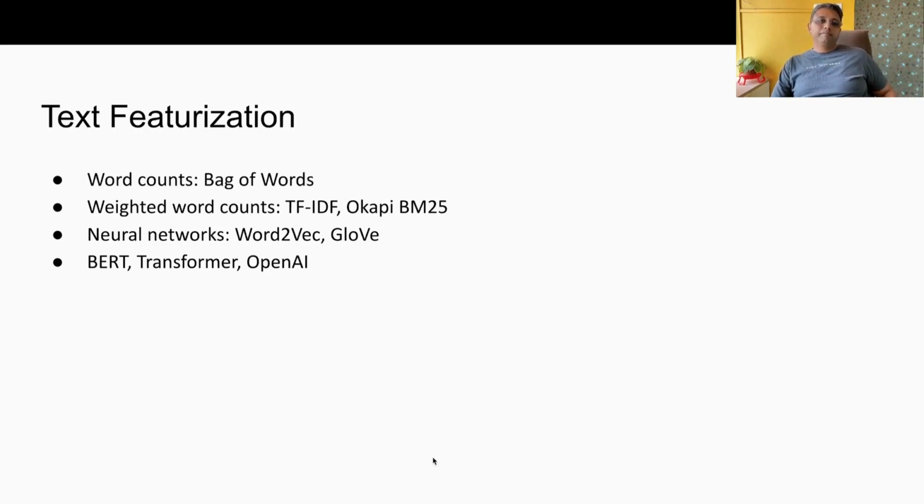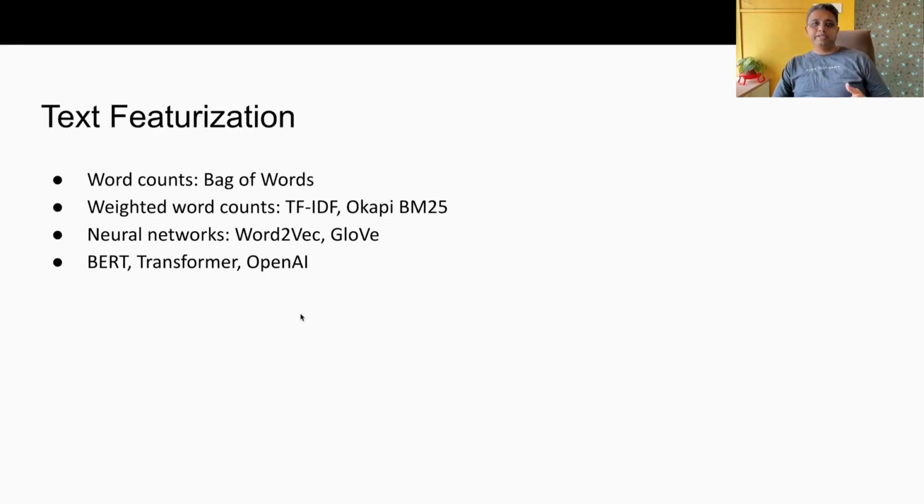Some of those used extensively earlier are bag of words, weighted word counts, TF-IDF, and BM25. Later, as neural network usage started around 2012 or 13, a paper came around word2vec, where words started to be represented as vectors.